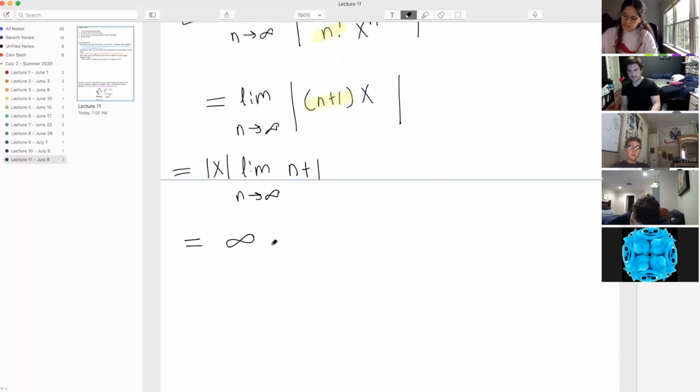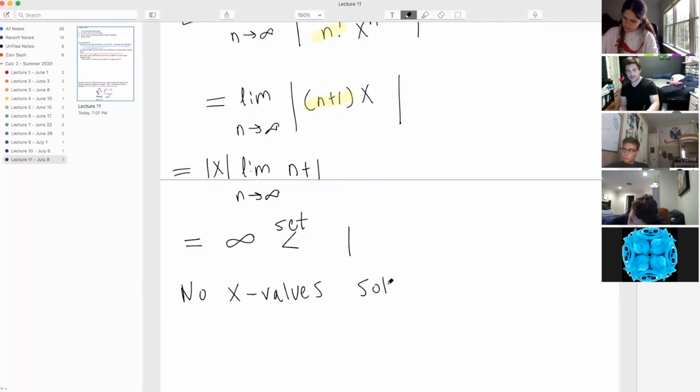So the next step was to now set this to be less than 1. Okay, and this looks quite silly. We see that no x values will solve this inequality, because infinity will never be less than 1. So no x values solve this inequality.